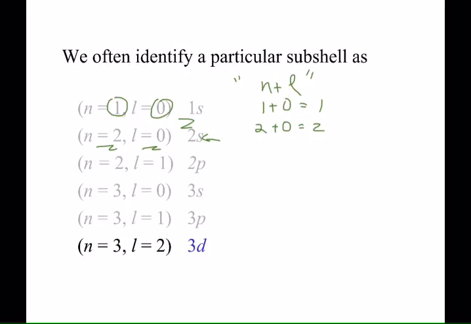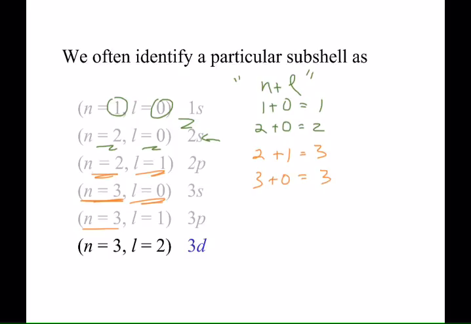Does that make sense? For 2p, N is equal to 2, L is equal to 1. So 2 plus 1, I get an N plus L value of 3. Next, 3s: N is equal to 3, L is equal to 0, so 3 plus 0, and the N plus L value is 3.